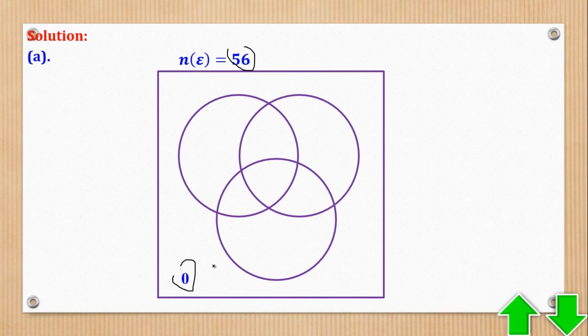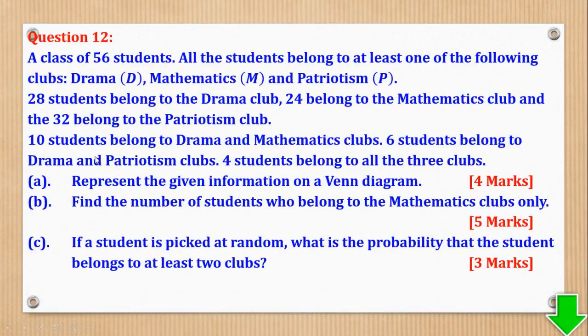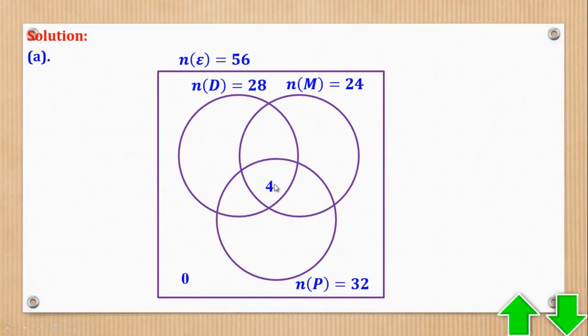That's why we put 0 for none. Then drama, there were 28. Math was 24, and patriotism was 32. Then they talked about all here. They said somewhere here, 4 students belong to all the 3. That is why we put 4 here.